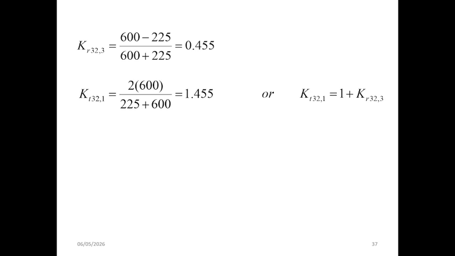So this slide continues the analysis of traveling waves at impedance discontinuities by calculating the reflection and transmission coefficients for another junction. Here the reflection coefficient KR323 is obtained using this standard impedance relation, resulting in a value of 0.455.